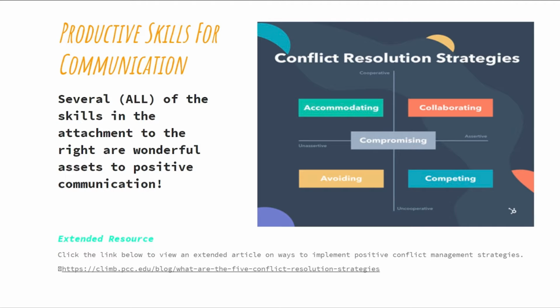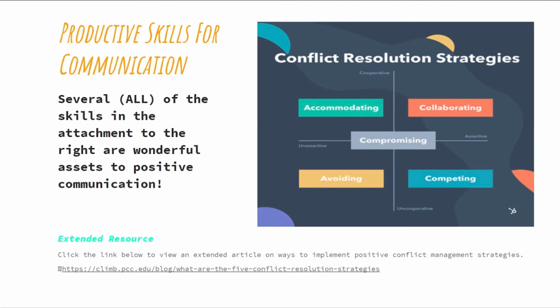Productive skills for communication. On this PowerPoint, I have a little image off to the right side, and it says all of the skills in the attachment to the right are wonderful assets to positive communication. So accommodating and collaborating, compromising is in the middle, avoiding and competing.